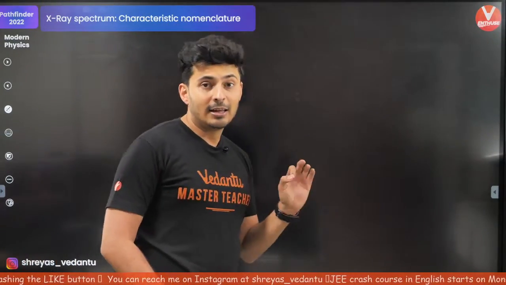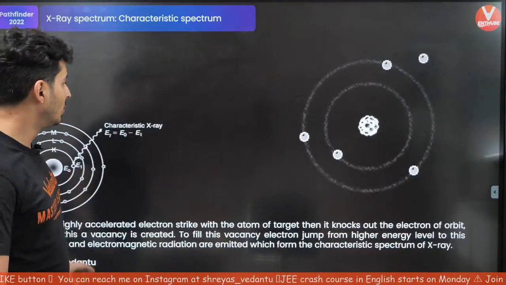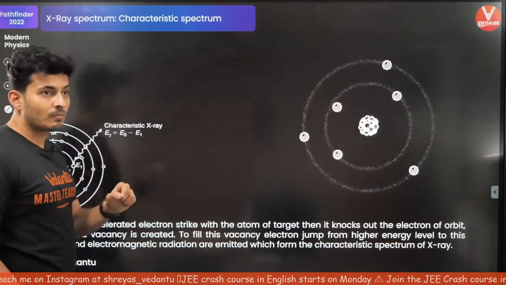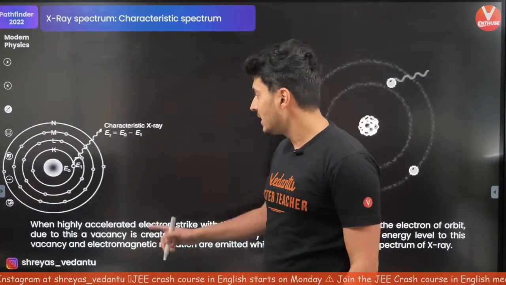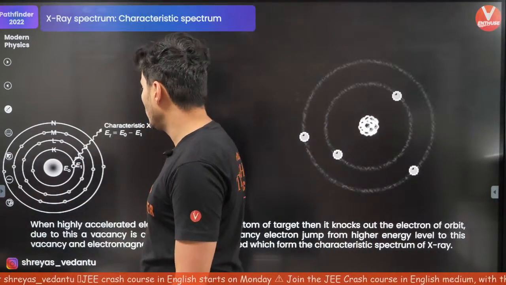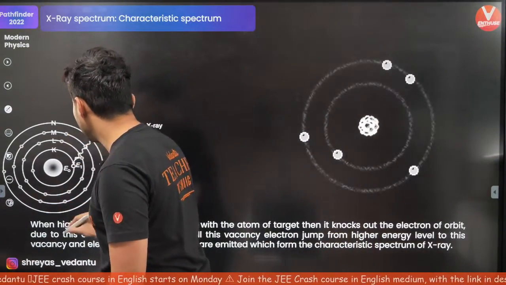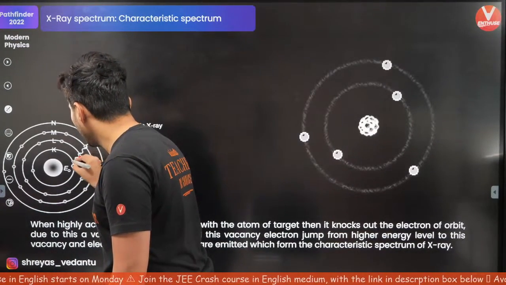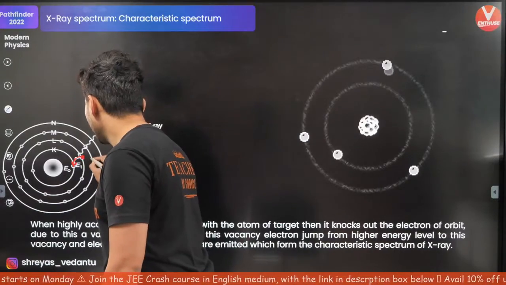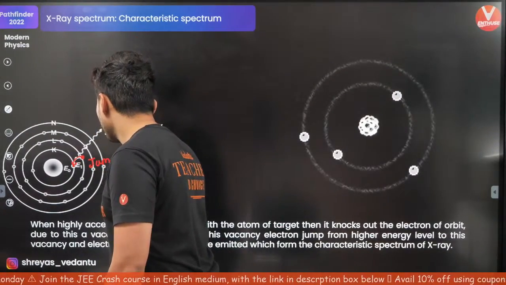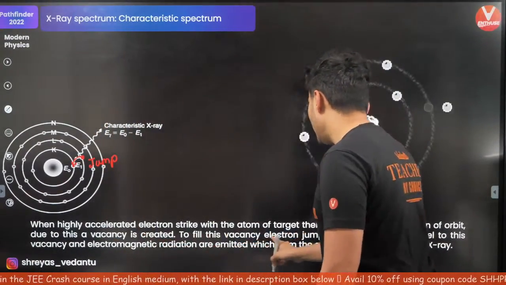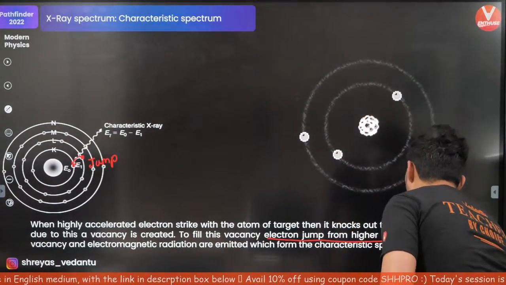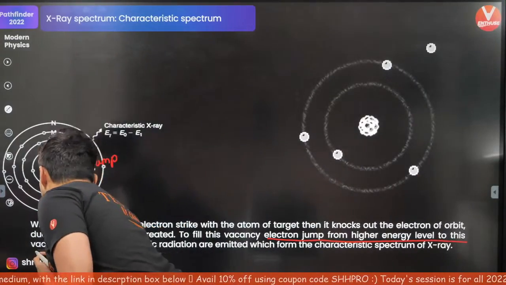Now, there are very important things that you need to know over here. See, just because there is a vacancy, there is a jump from higher orbit to lower orbit. So let's say for example there is a jump which occurs from here to here. Can you see that? That jump is basically the electron jump from higher energy to this vacancy.